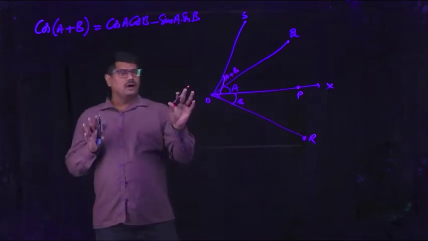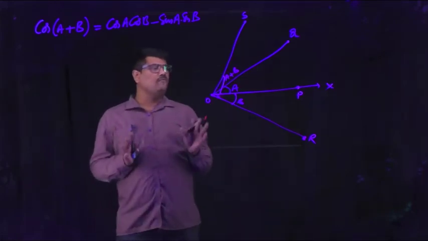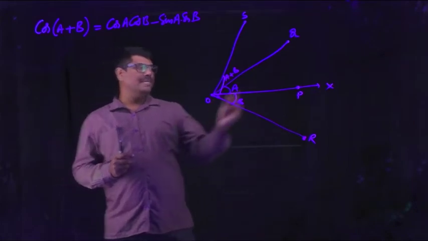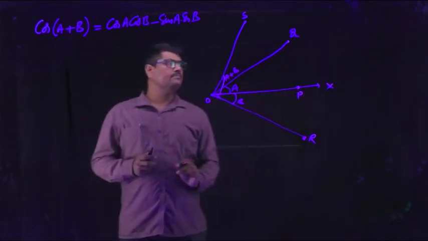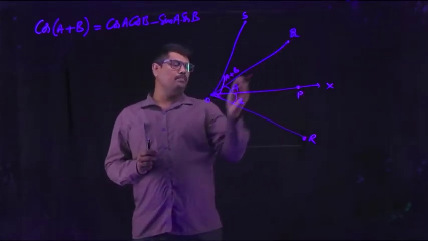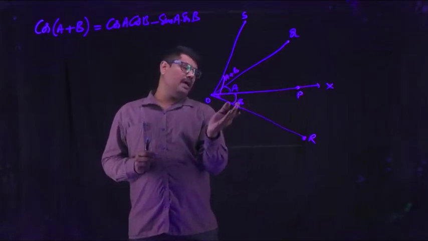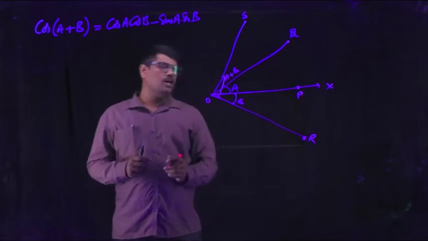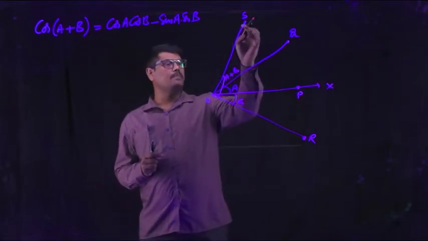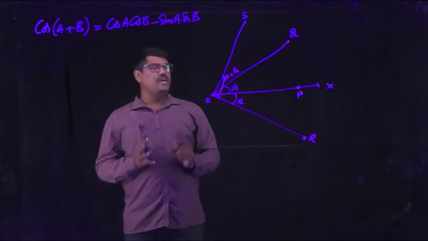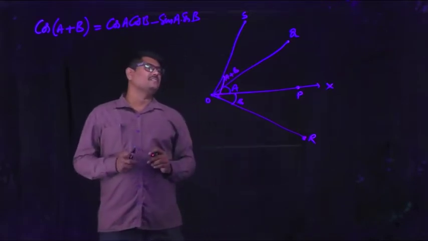Now, in the diagram we are considering 4 points. P is a point on the x-axis and Q is a point on the plane that makes an angle A with the x-axis. B is another angle made by the line OR, and S is another point which makes an angle of A plus B with the x-axis.